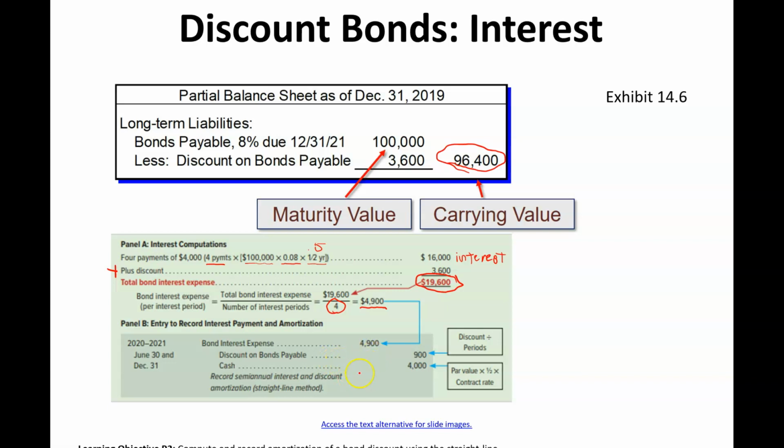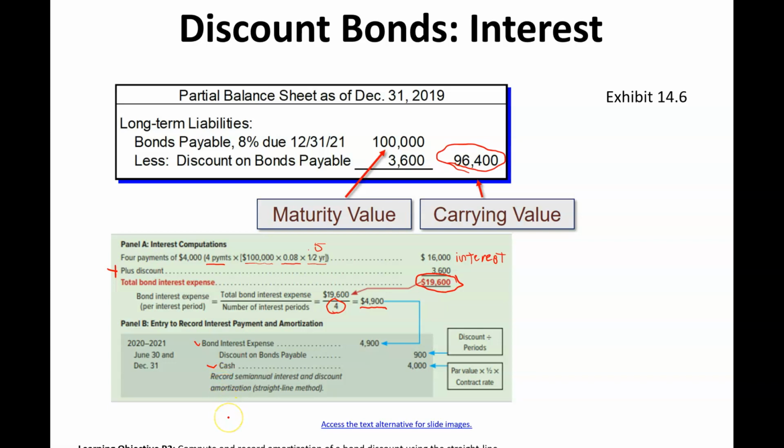That's the amount that we expense out. We will debit bond interest expense for the $4,900.